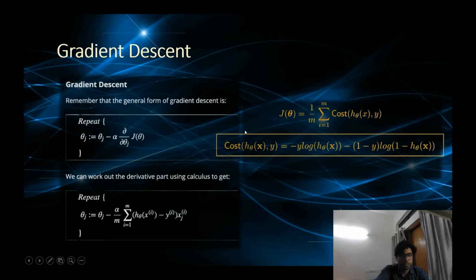Any questions on this? So in case of linear regression, if you remember, we used the least square cost function, and then we applied gradient descent on that least square cost function. Here, we are applying this cost function, which I derived in the previous video, and we are trying to minimize this cost function and then find the values of these parameters.